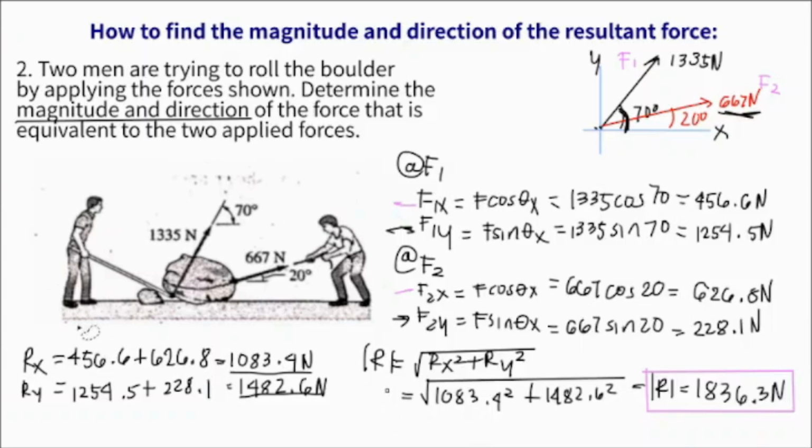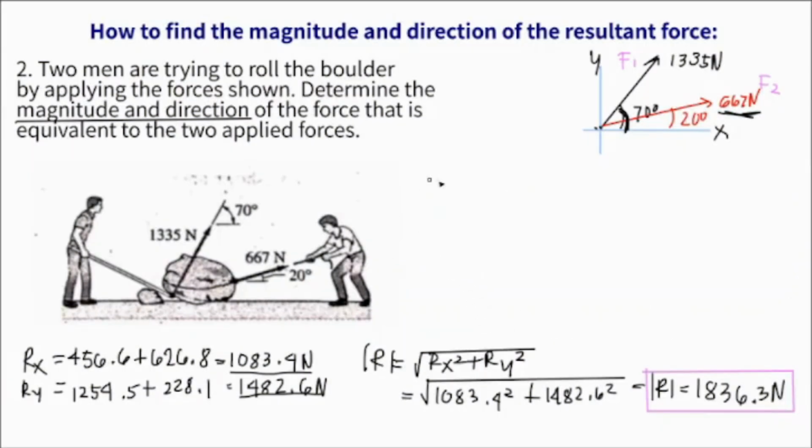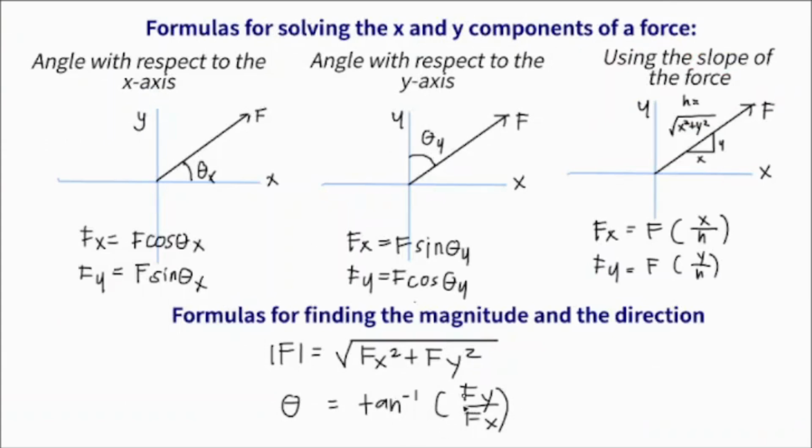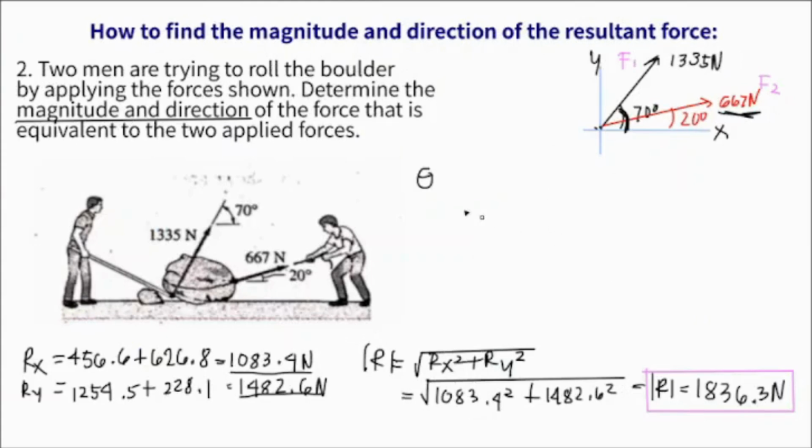Now let's find the direction. Our formula is inverse tan of Ry over Rx. Ry is 1,482.6 over 1,083.4.